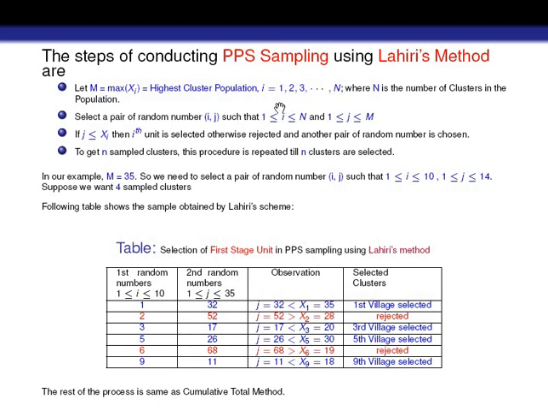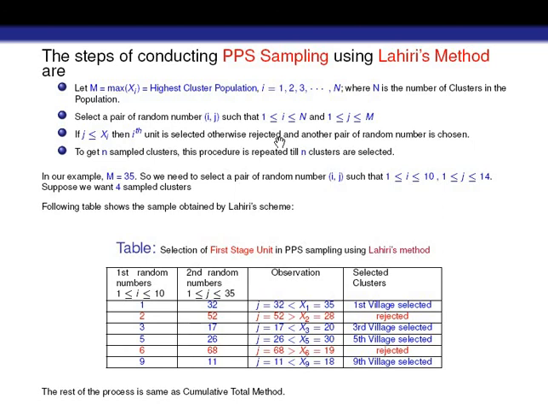So in this case we have to select a pair of random numbers, and these are named i and j. i is for the number of cluster, and i should vary from 1 to capital N. And j is the cluster size, so obviously it will vary from 1 to capital M. Now if j is less than or equal to Xi, then the ith unit is selected, otherwise rejected.